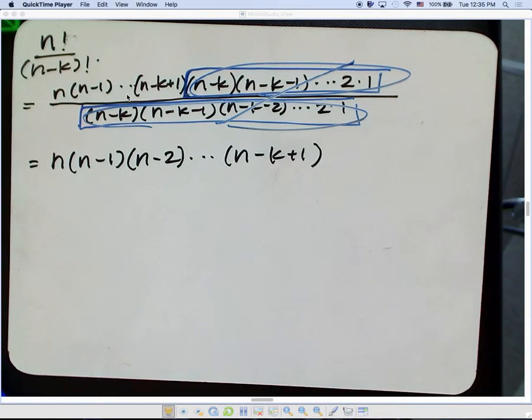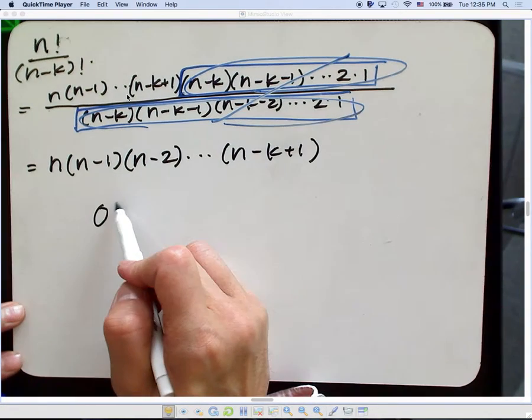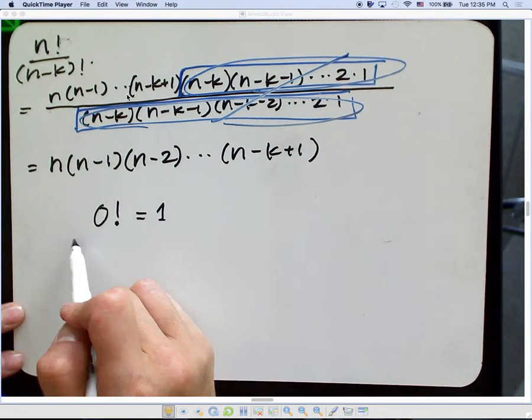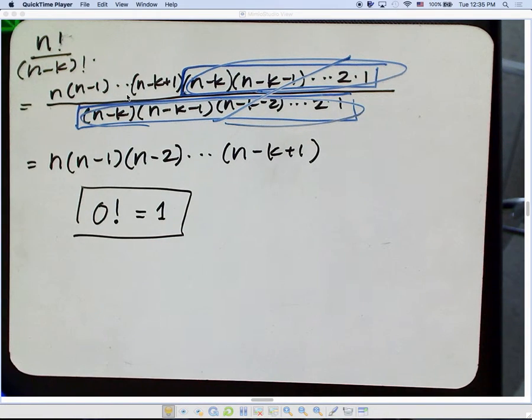It is also important to notice that 0 factorial equals 1. Why? What does 0 factorial mean? This is something mathematicians had to come up with. We cannot compute 0 factorial directly, because what do you mean by picking 0 objects? But picking 0 objects from a set makes sense.